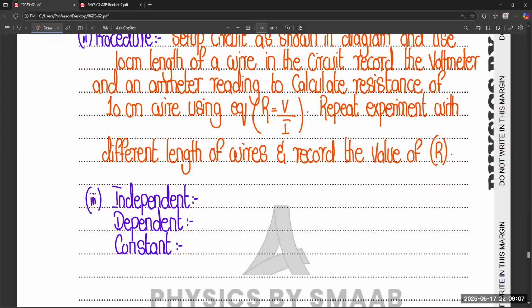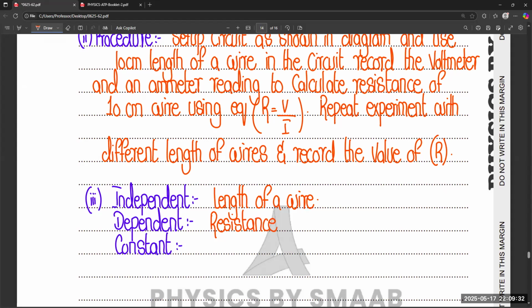So the independent quantity is the length of a wire. The dependent quantity is resistance because resistance depends upon the length.